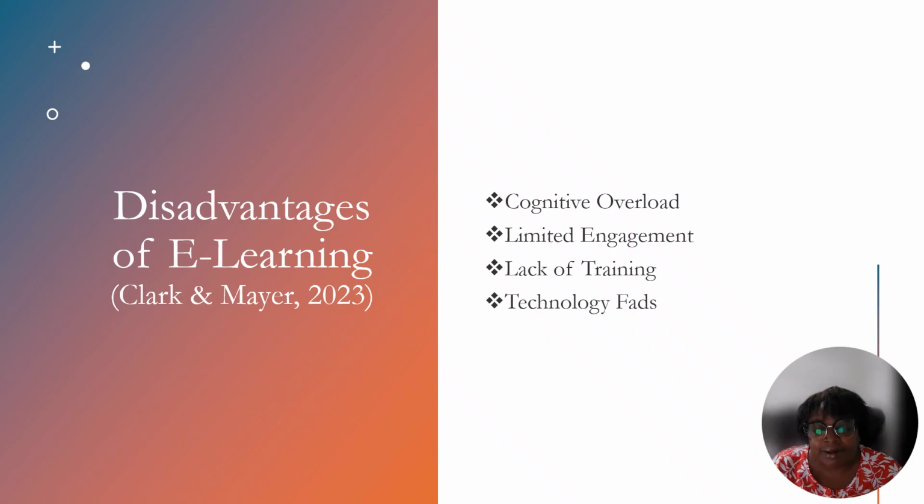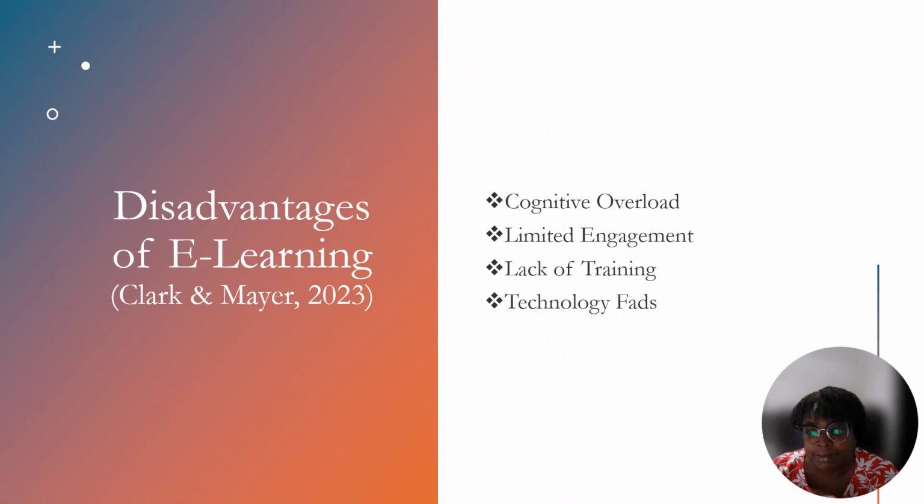So there are some disadvantages to e-learning, one being cognitive overload. When we talk about cognitive overload, it could be that there's so much information that is given to the students that they're not able to take in that instruction and really pinpoint the key points that are needed for the learning.